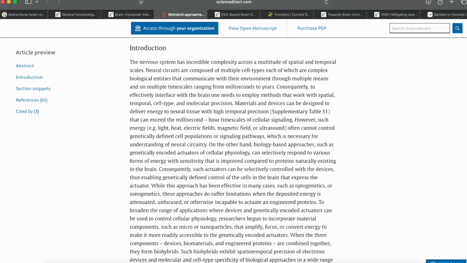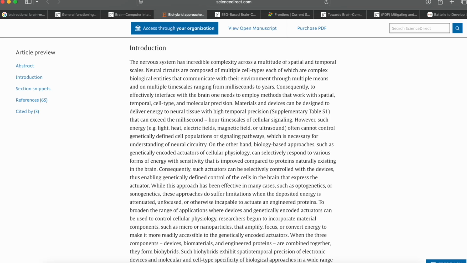On the other hand, biology-based approaches, such as genetically encoded actuators of cellular physiology, can selectively respond to various forms of energy with sensitivity that is improved compared to proteins naturally existing in the brain.